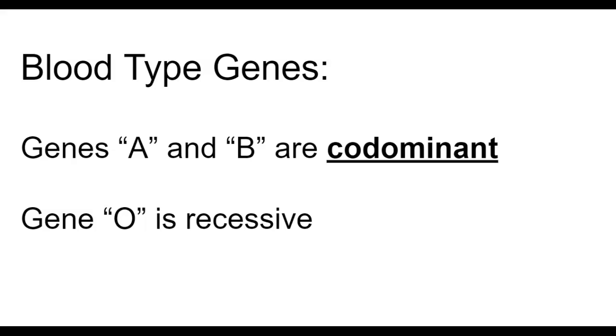So when we say co-dominant, we mean they're dominant together. They're both dominant. So in this case, we don't have one dominant and one recessive. A and B are both dominant genes. O is recessive, okay? Which kind of makes sense because if you think about it, A and B both had those proteins on the outside of their cell. O didn't have any protein, so O is recessive.